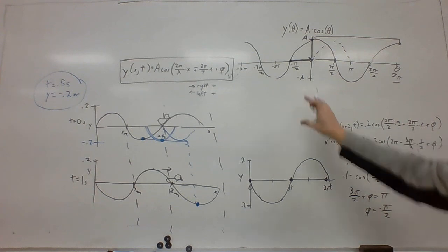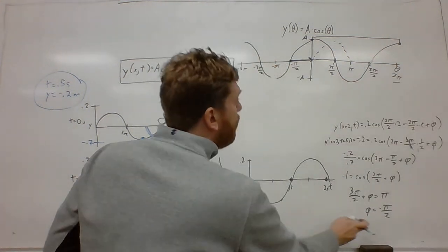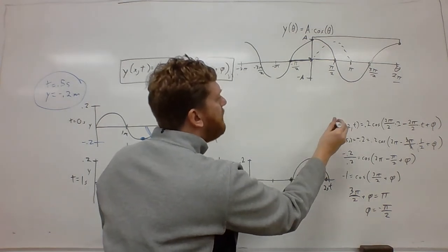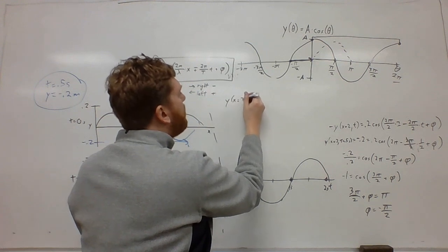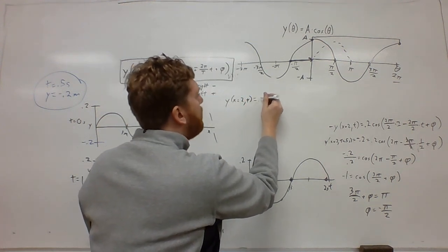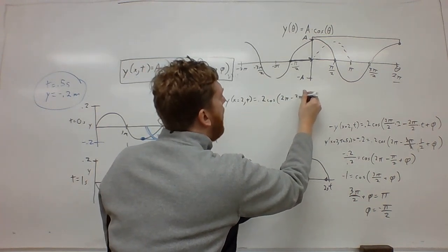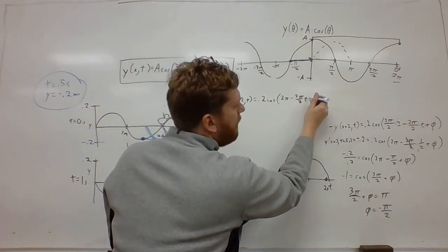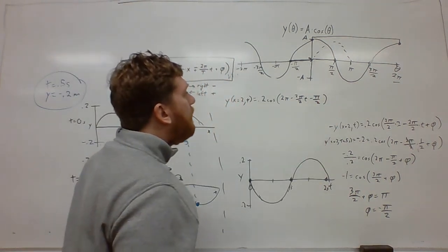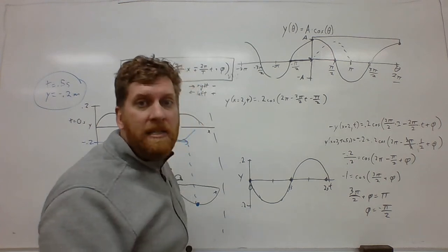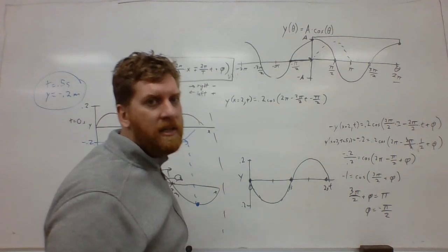Okay, I erased this stuff so that we have some space to write this equation up here. We figured out our phase constant. Let's plug it back into this equation. y at x equals 2 is 0.2 cosine of 2 pi minus 2 pi over 2 times time, minus pi over 2. We can subtract or add 2 pi to this argument as much as we want.